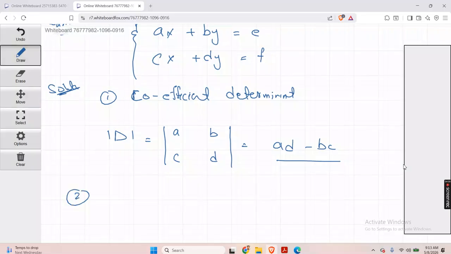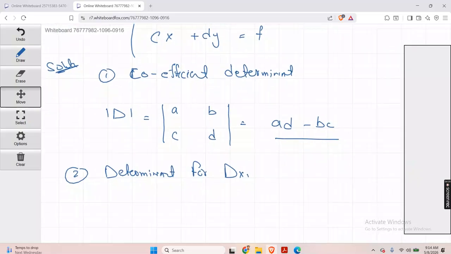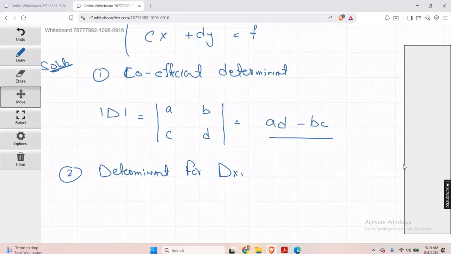Then second step, you need the determinant for dx1. In this Cramer rule, you have to find the value for x, y, z. For 2 by 2, it's x y or x1, x2, or like this. So how will you do it?